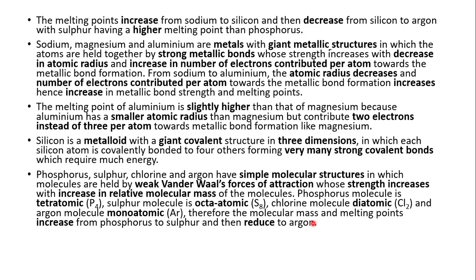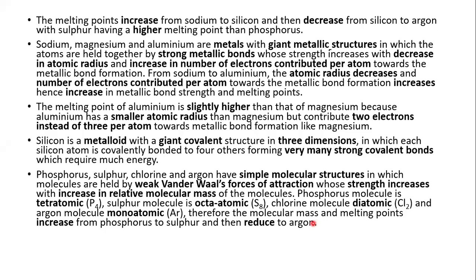Actually, those structures are formed by attraction between ions. That is sodium chloride, that is the sodium ion and the chloride ion, forming giant ionic structures. Sodium chloride and magnesium chloride have giant ionic structures.